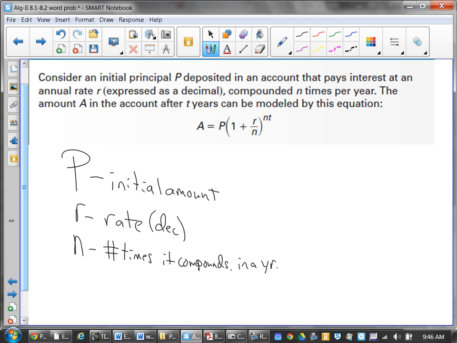If it does semi-annually, what would it be? 2. If it's daily, it would be 365. Okay, Mr. Smarty Pants. Generally looking like that. And then the T value then is just the number of years.